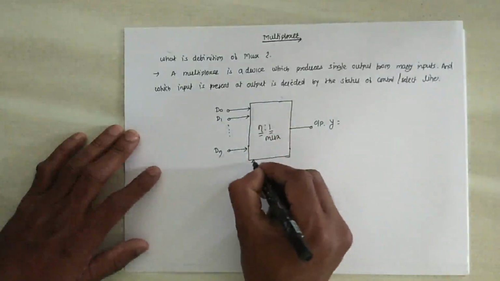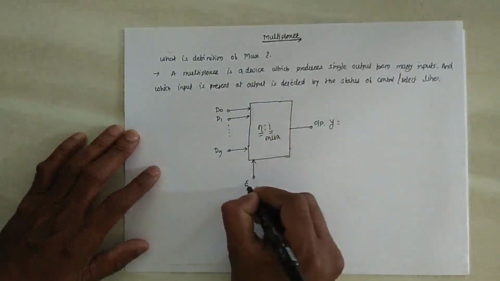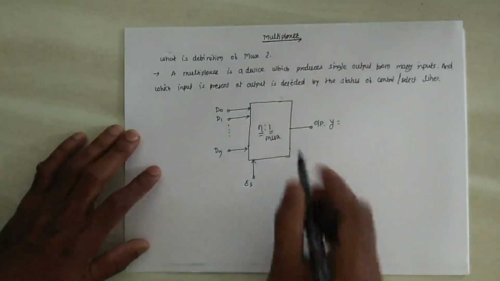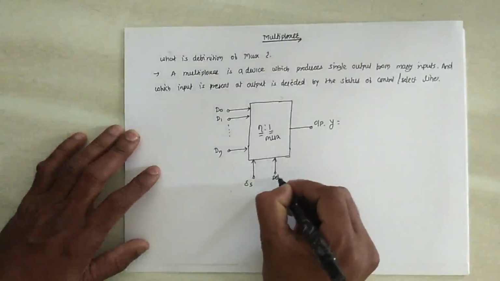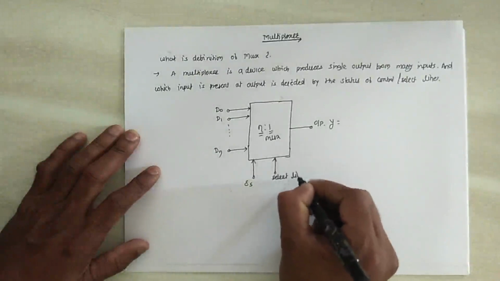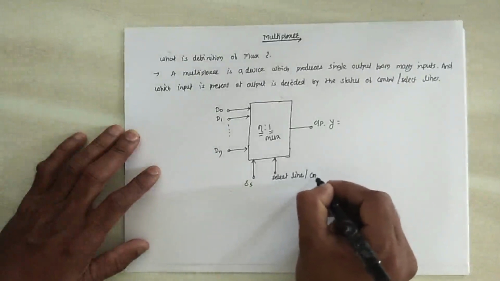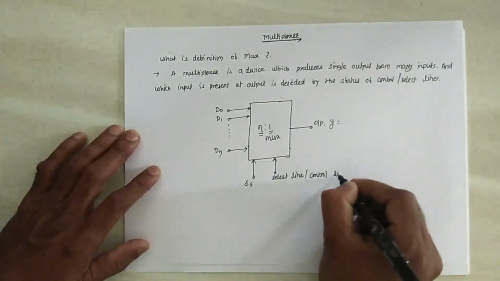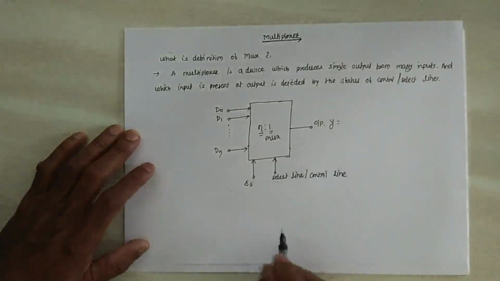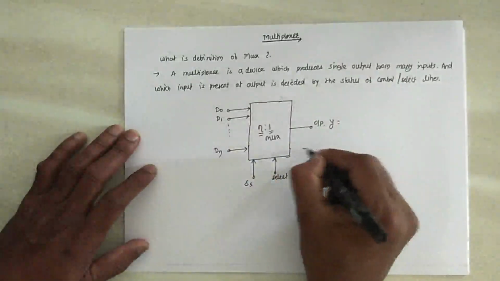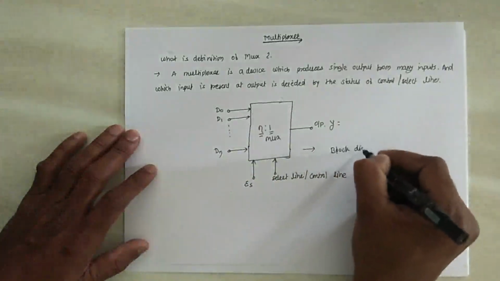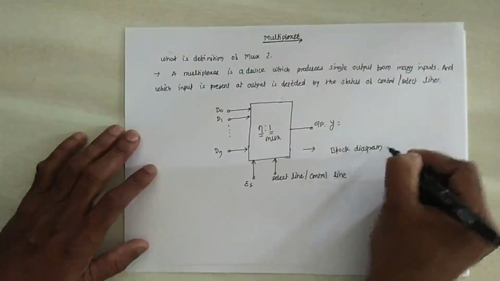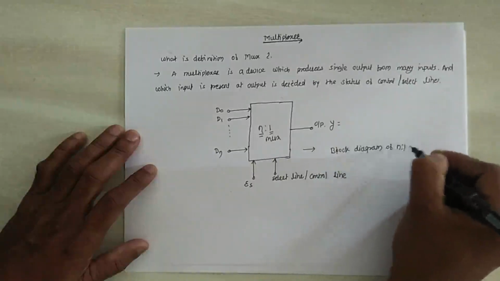It also has one more signal, ES, called the strobe enable, and another signal, the select line or control line. This is the block diagram of an n/1 mux.